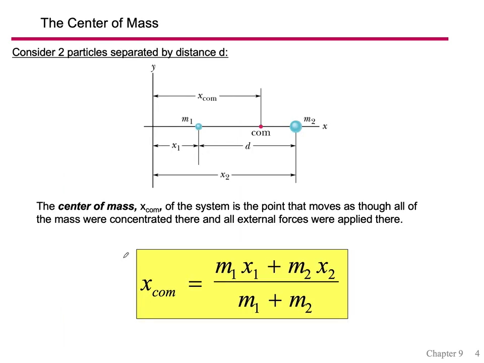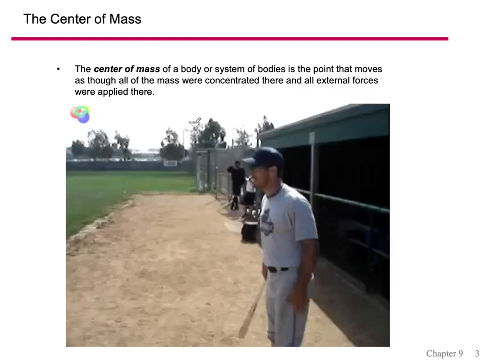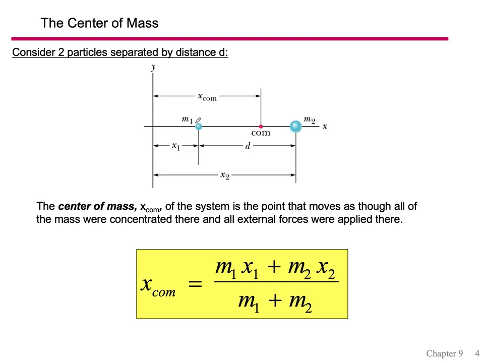How do you find the center of mass of an object? You choose an arbitrary reference point and you measure the position of each of the masses. Sorry, I went backwards by mistake. For example, this mass right here, you just take m1 times the distance it's away from that arbitrary starting point, x1, plus the second mass, m2, times how far it's away from the starting point, x2.